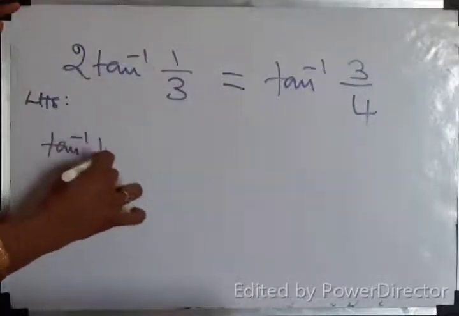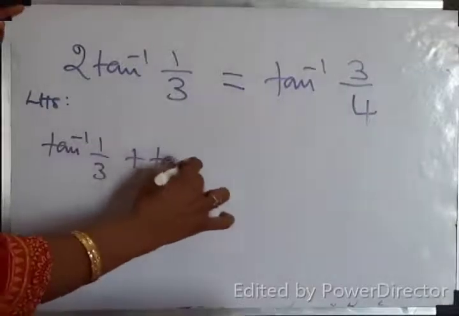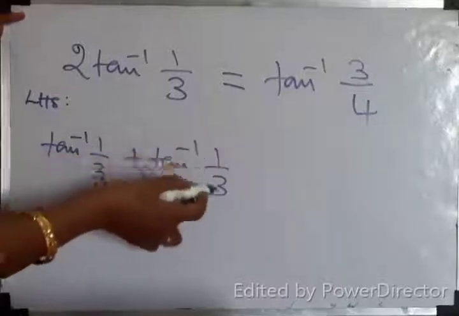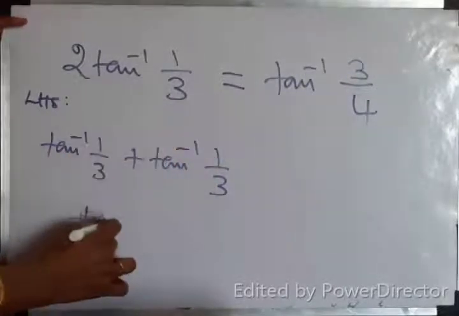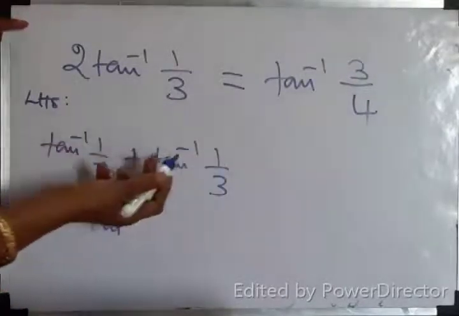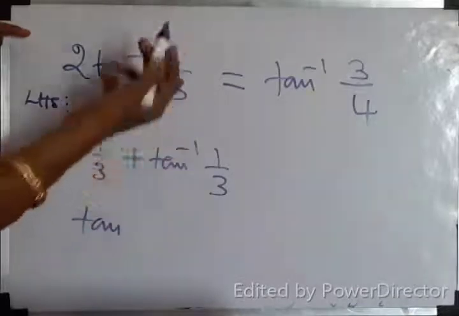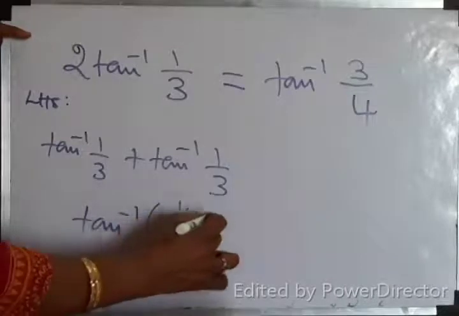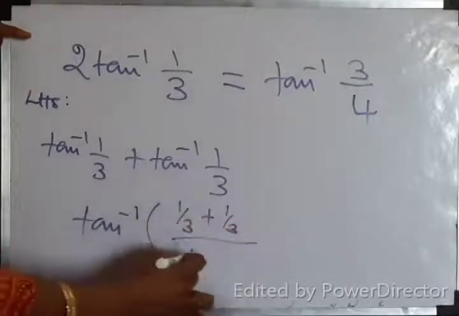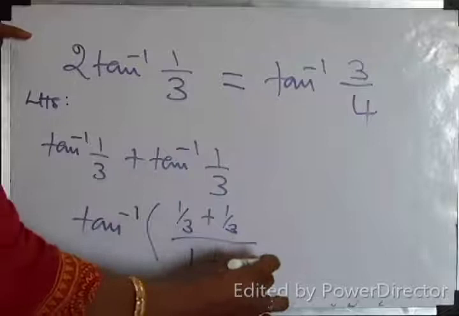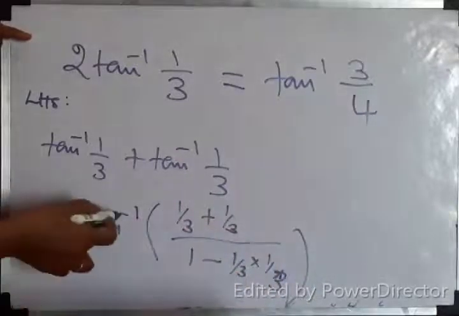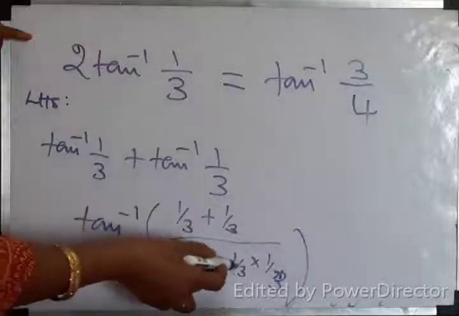Tan inverse 1 by 3 plus tan inverse 1 by 3. Let it be tan inverse x plus tan inverse x. You can write tan inverse of x plus x by 1 minus x into x. It looks like tan inverse x plus y by 1 minus xy.